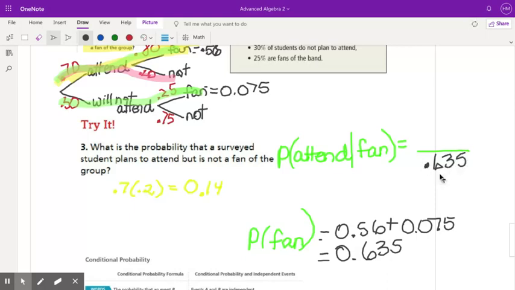Okay, so then of all the people who are fans, what's the probability that they're going to attend? And remember, we're only looking at the probability of those that are fans. So the probability for the attend would mean they would have to attend and also be a fan, which would be that 0.56 right there.